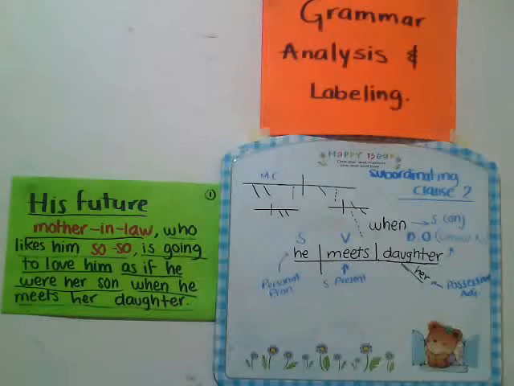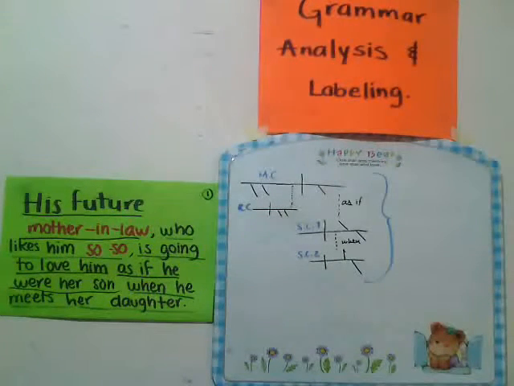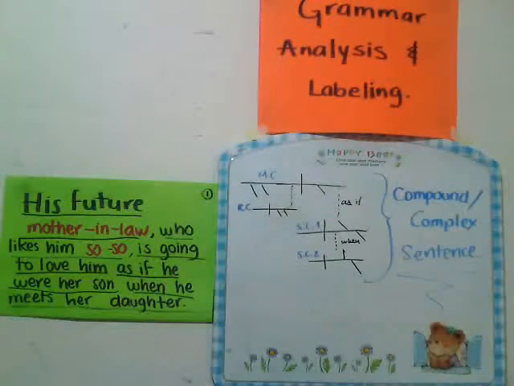Then we have the possessive adjective her. This sentence has one main clause, one relative clause, and two subordinating clauses. That's why it's a compound-complex sentence, because it has one main clause and at least two subordinating clauses.